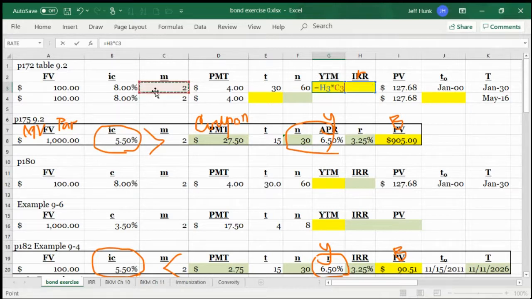Don't just jump the gun and manually enter 2. That's forbidden, okay? No, no, no. That's called hard coding, and hard coding should be forbidden.